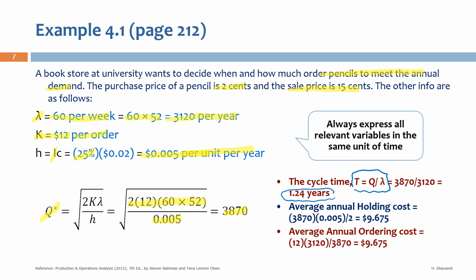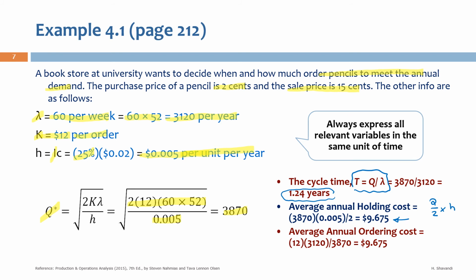Okay, and the average annual holding cost here will be Q divided by 2 times H, right? So Q here is 3,870 divided by 2 times H, which will be 0.005. So that will be the average annual holding cost.